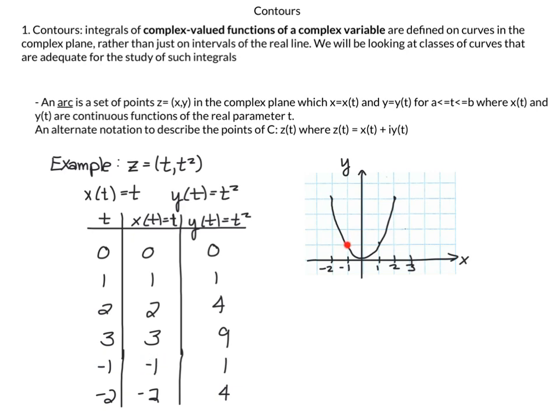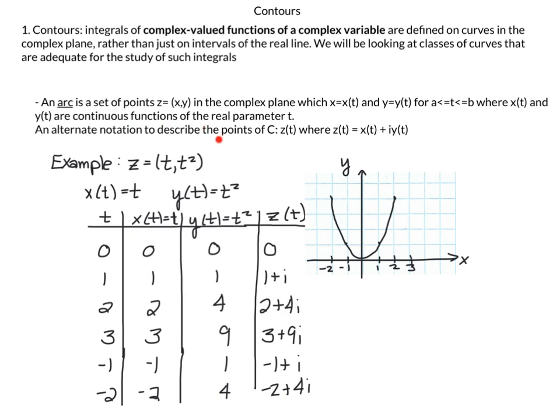As we keep going and get to 0, we hit the 0, 0 point. Time then becomes positive. At time 1, we're at point 1, 1. Again, the idea is that t is time, and our parameterization traces out a path in time. At any time, let's say 3, you can figure out where the point is going to be: at 3, it's going to be at the point 3, 9.